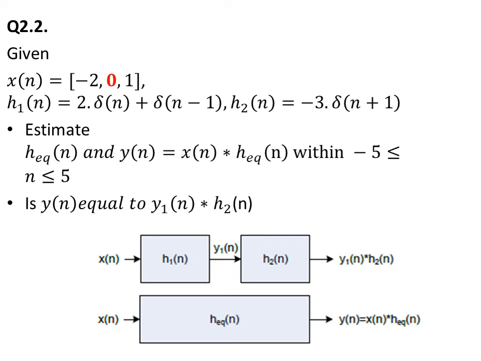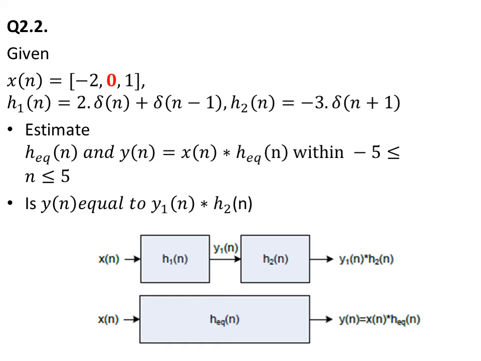So in this one, question 2.2, we'll refer to the below diagram first, right? So in here what you can see is in the first figure Xn is the input to H1n, then what you are getting is Y1n as the output of H1n, right? So what is Y1n?